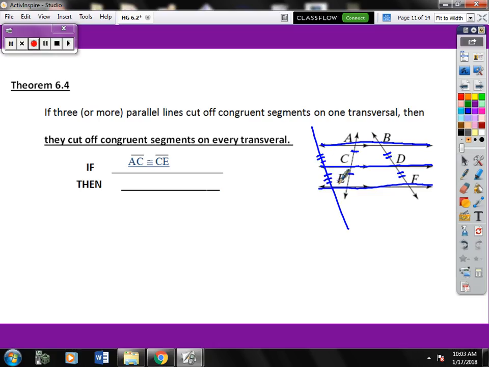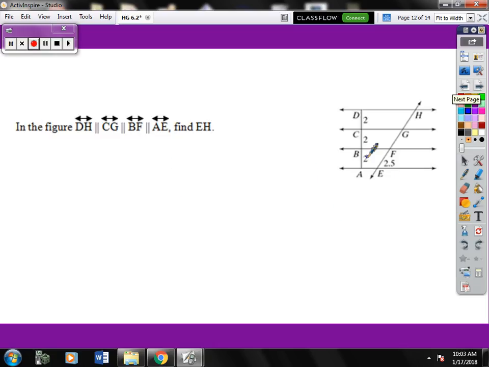So if AC is congruent to CE, then BD would be congruent to DF. And there's one quick problem that does that. You can see that these are all marked with 2s, which show you that they're congruent. Therefore, these would all have to be congruent.